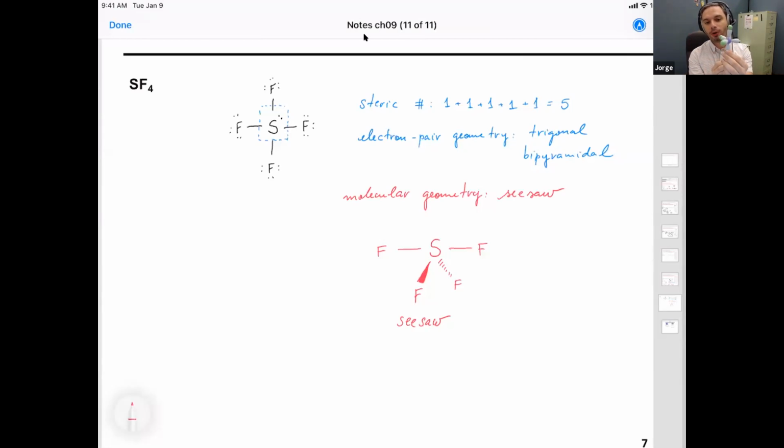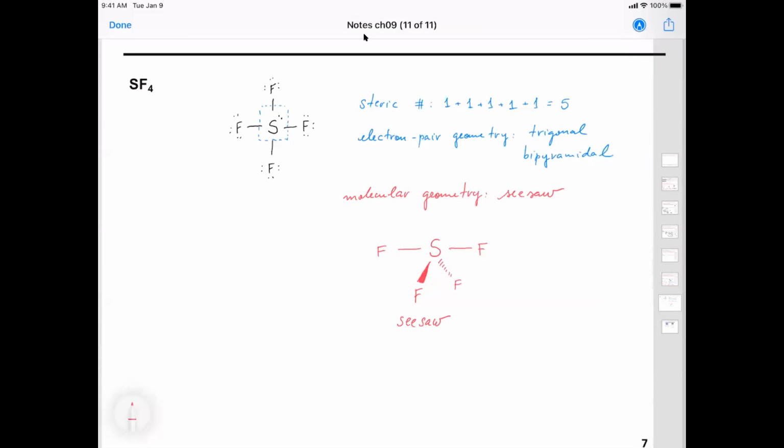However, when you are looking at the molecular geometry, you are not going to count the non-bonding pair because it's not bonded to any atom. So we remove the non-bonding pair from the equation. And then that's what you are looking at for the molecular geometry. Does that answer your question?